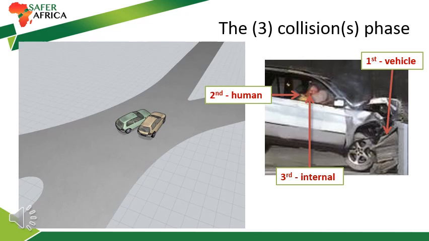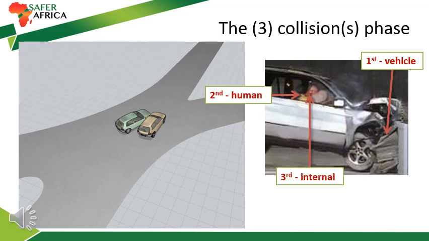The first collision is the vehicular collision. It occurs when the car impacts either with another car or a static object, such as a tree, barrier, or embankment. In a severe crash with another vehicle or other large objects, the car comes to an abrupt stop.